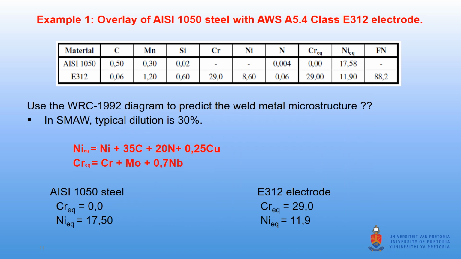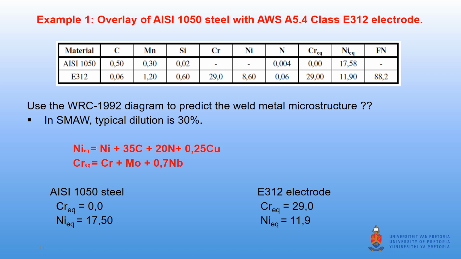In example 1, you have an AISI 1050 medium carbon steel in which a weld layer is deposited using the 312 austenitic stainless steel electrode. The chemical composition of the base metal and the electrode are shown in the table. We are asked to use the diagram to predict the weld metal microstructure.